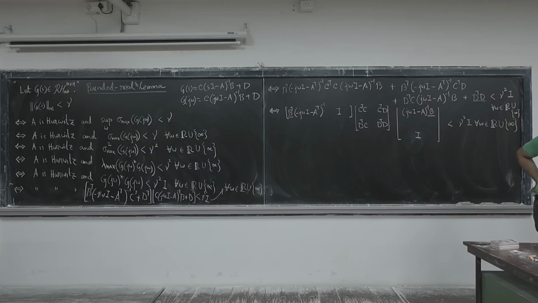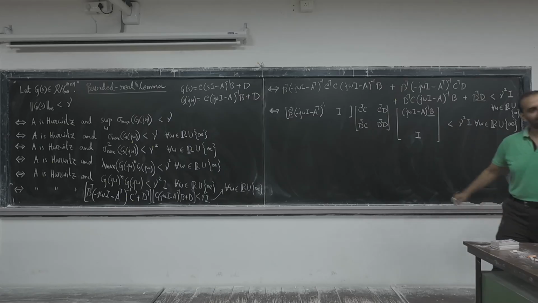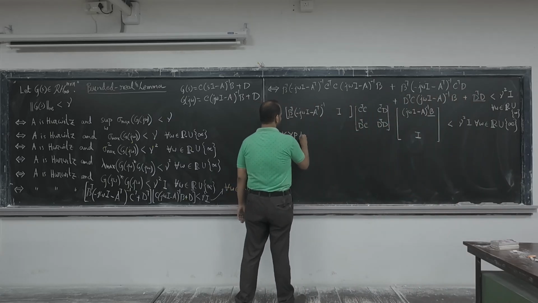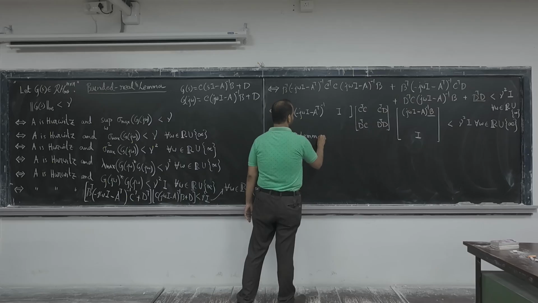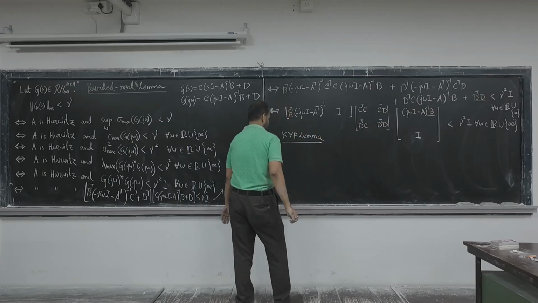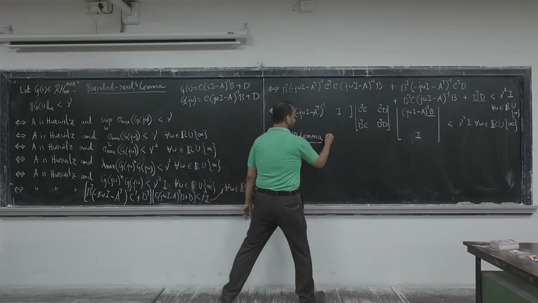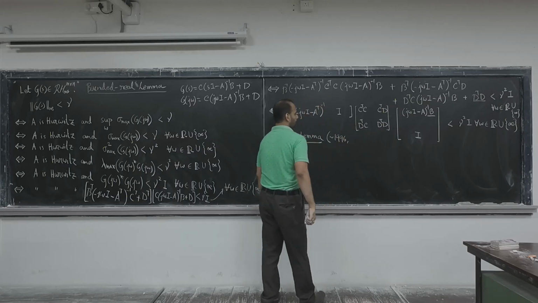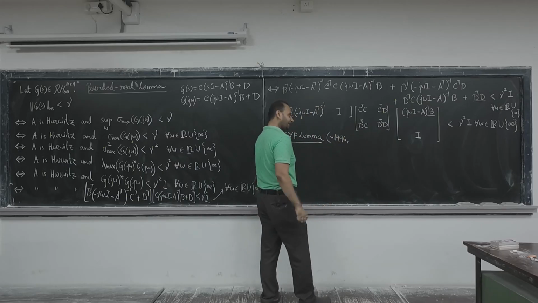There is a technique called KYP lemma, which transforms a frequency domain matrix inequality into time domain. That we are going to apply. So let me first write down the main trick, KYP lemma. Its defined version came in around 1996 by a Swedish professor, Anders Rantzer.